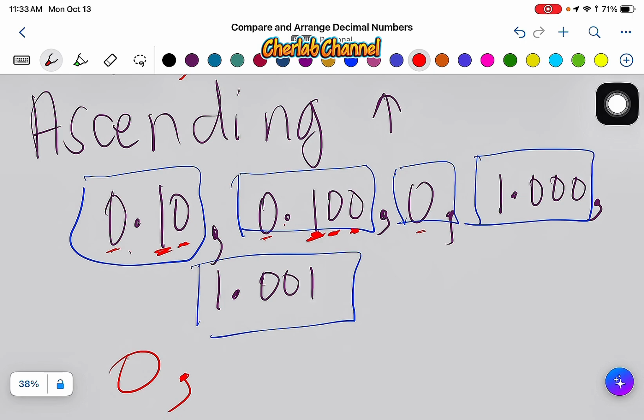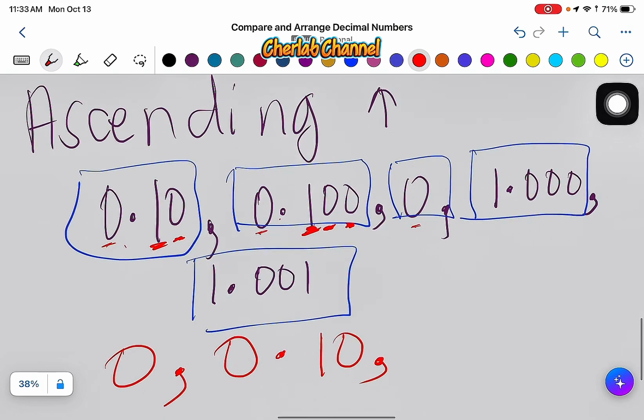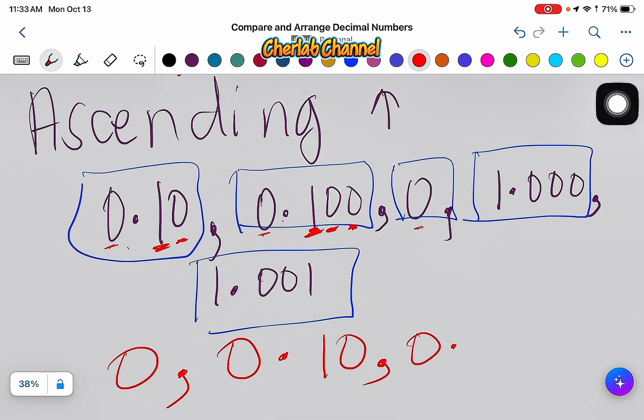Kasi kapag merong number na kasunod, whether it's 0 or another number, meron pa rin yung value. Because this is 0 and 100 thousands. And then the other one is 0 and 10 hundreds. So that means the next number would be 0.10. And of course, it would be followed by 0.100.